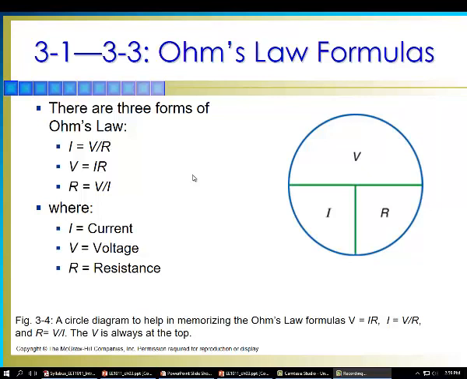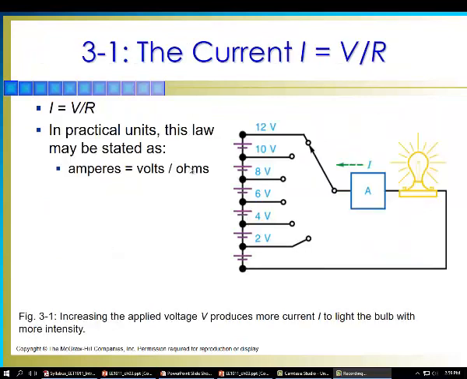So I is the symbol for current, V is for voltage, and R is the symbol for the resistors. First, the current. Current equals the voltage divided by the resistor or resistance. In practical units, this law may be stated as amperes.